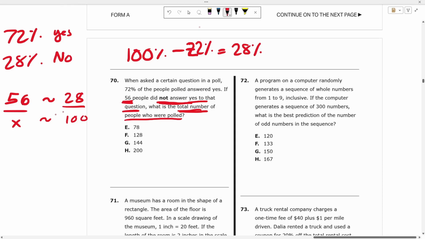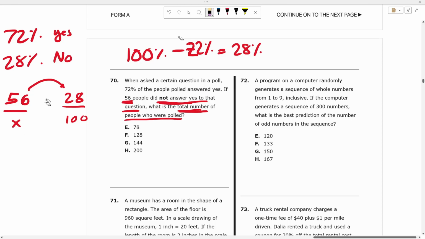Okay? Notice how we're setting up a fraction here. This is a proportion, right? 56 is proportional to 28/100. 28/100 is 28%. What I know is that 56 people is equal to 28%. What I don't know is how many people are equal to 100%.